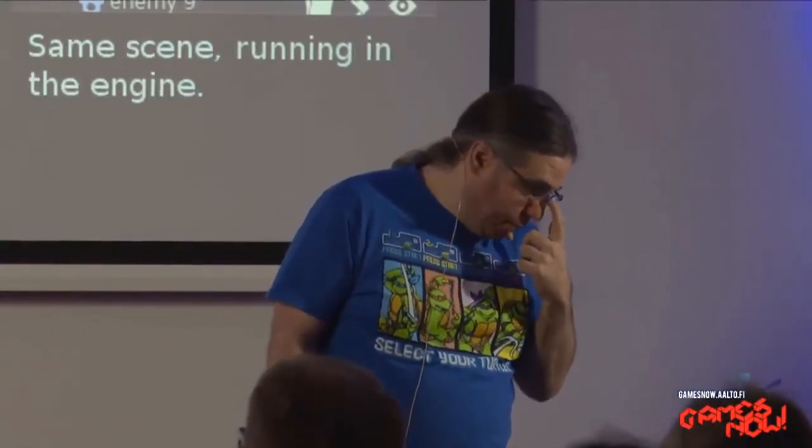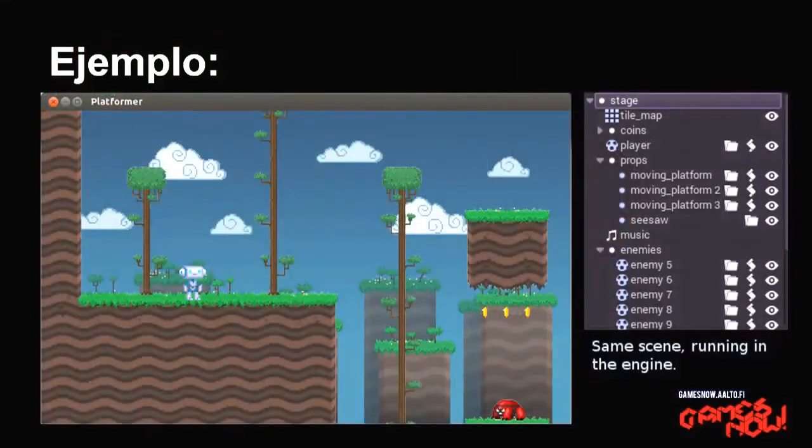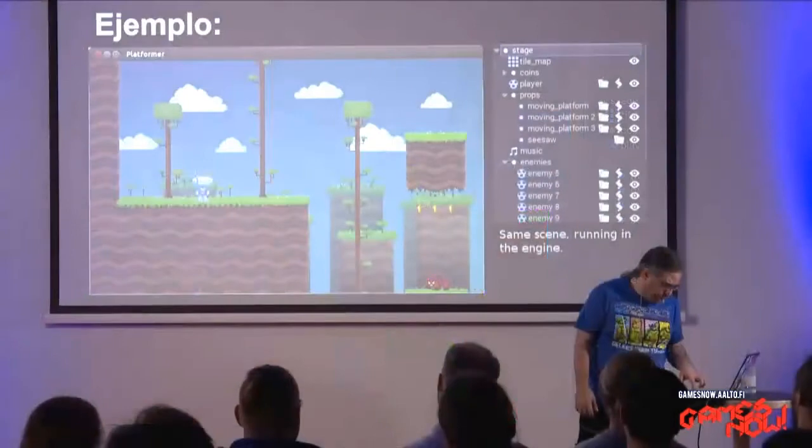So here's an example. This is a 2D game, and we have, for example, all the coins, all the platforms, all the enemies, and in this case we organize this like we just put all the coins inside one parent that has all the coins, and the same with the enemies and the props, and then there's music.